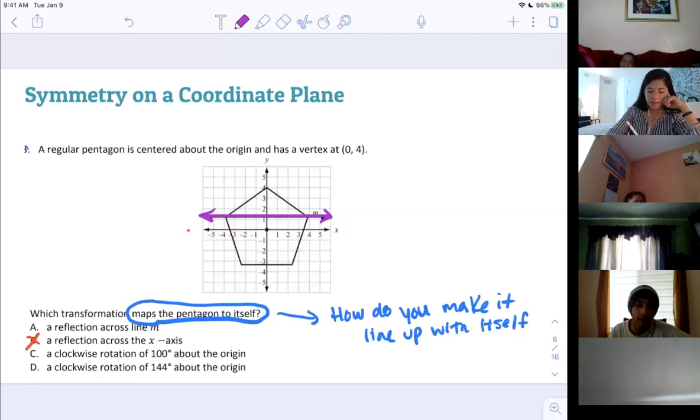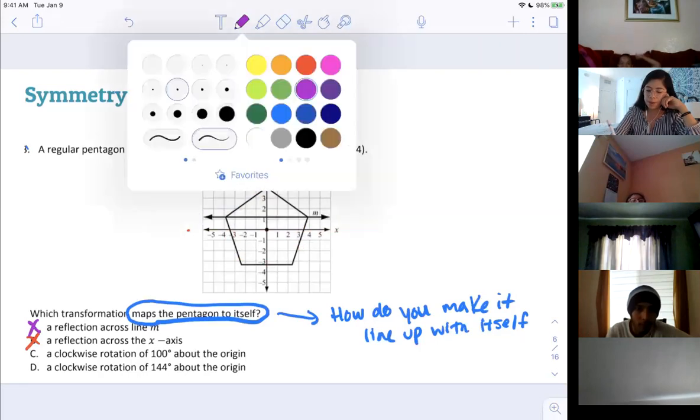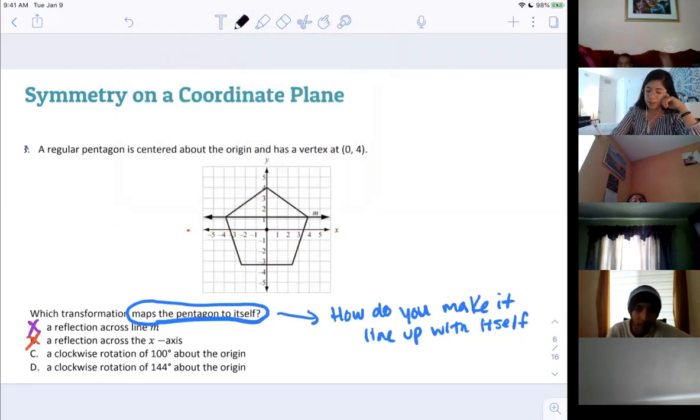No, okay. Now let's look at the rotation. So there's two options. It could either go 100 degrees or 144 degrees. And what do we know, we just did this. What's the angle of rotation for a regular pentagon?